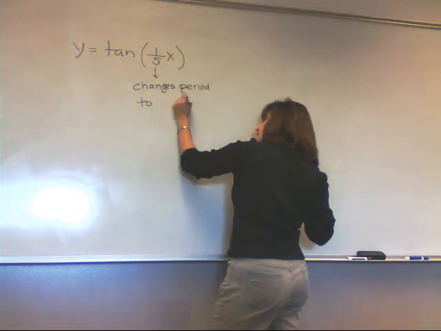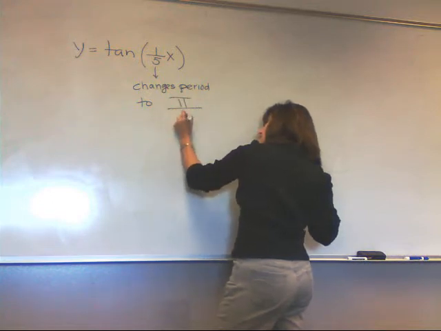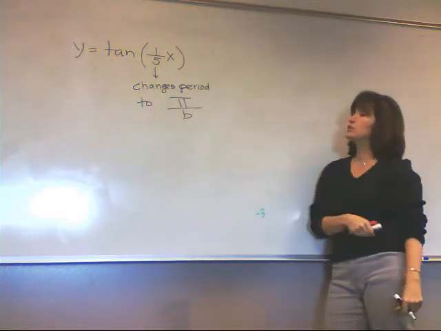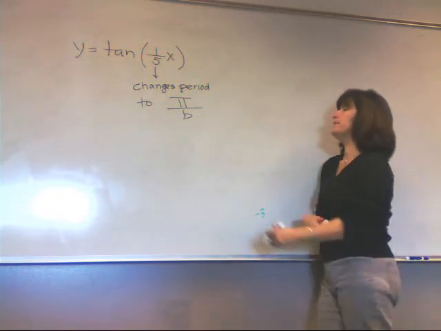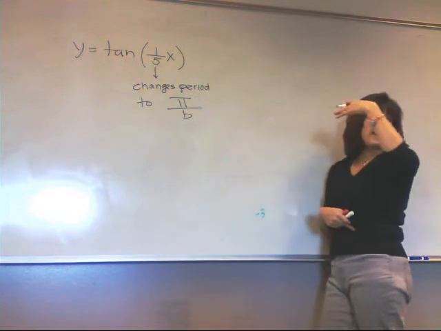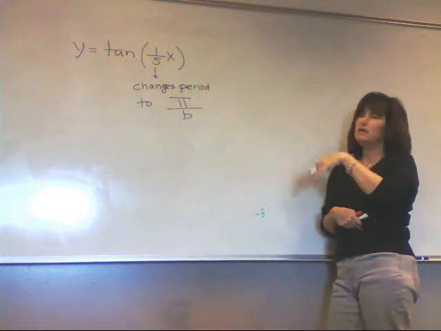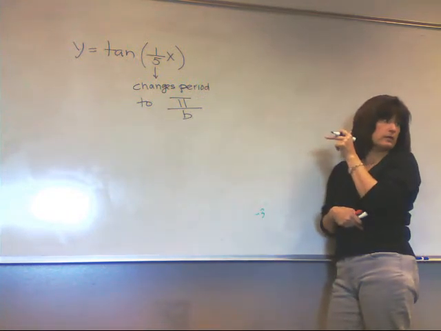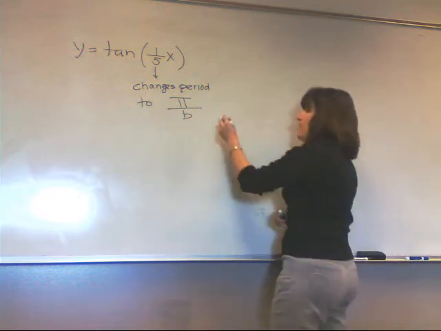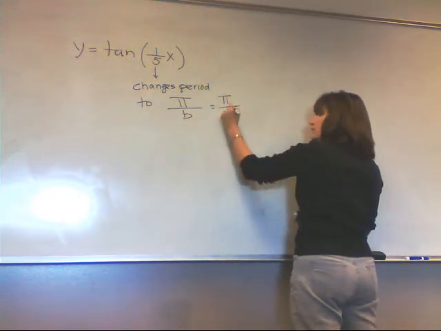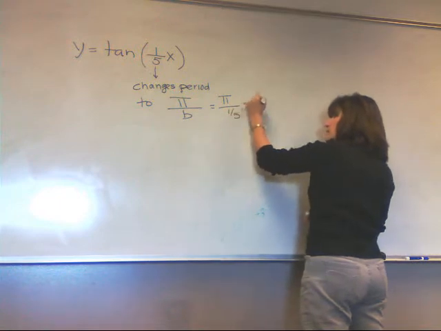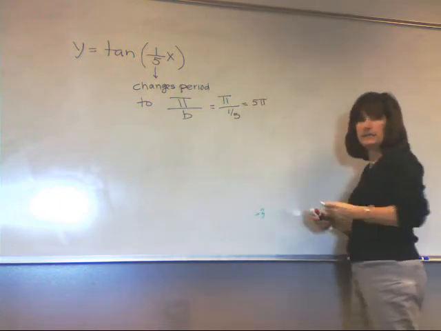It's the original period divided by b. Every time. And the original period, this time, was pi. With cosine it was 2 pi over b. Here it's pi over b. So that would be pi over 1/5, which is 5 pi. That's the period.